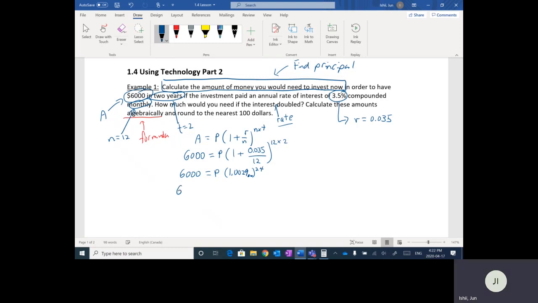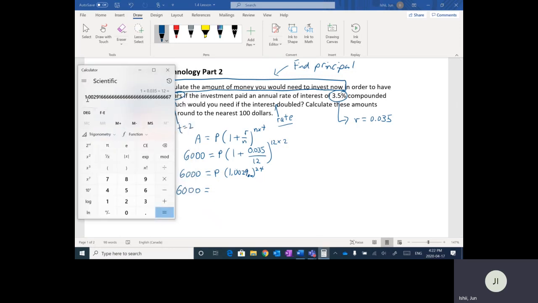Next up, 6,000 equals. This number here I'm going to work out. I have that 1.0029 and so on, and I'm going to raise this to the 24th power.